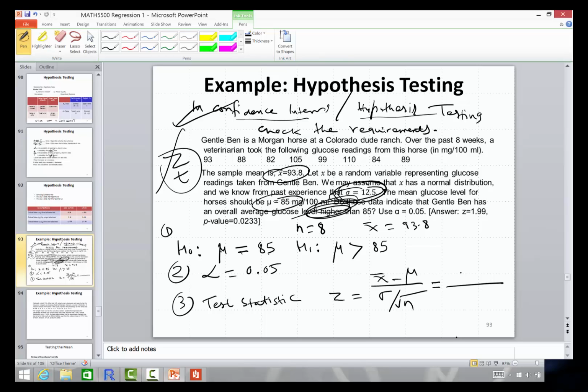It is given here: 93.8 minus mu, which is 85, divided by sigma. Sigma is 12.5, divided by the square root of n. What is n? n is 8, right? This calculation I will go ahead and do in R.